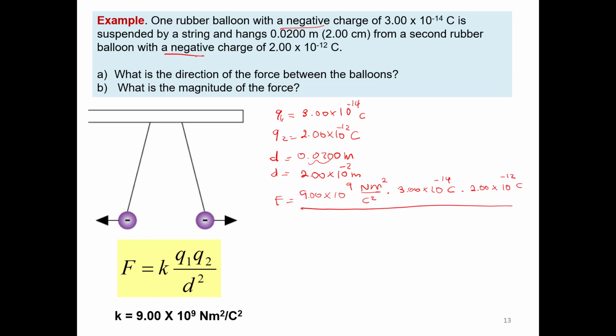Everything is divided by the distance, but remember it is the distance squared, 2.00 times 10 to the power minus 2 meters, squared. This is how we need to calculate the electrical force.